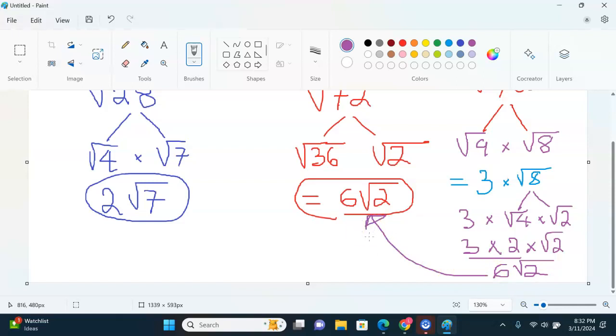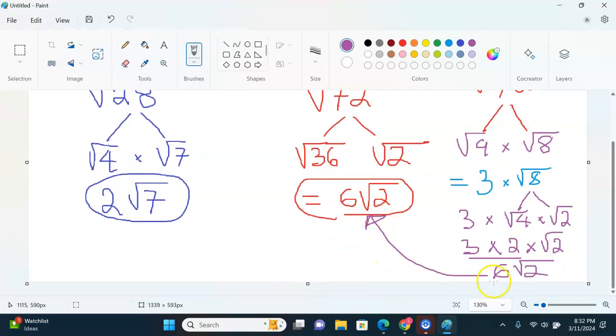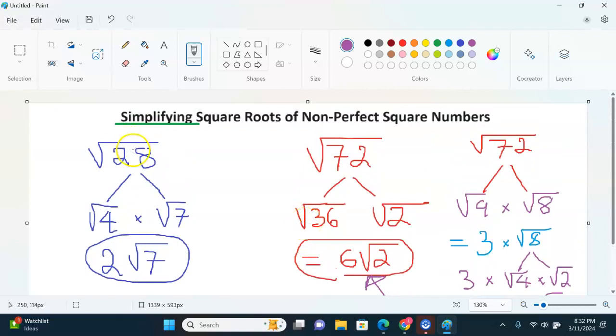So ladies and gentlemen, it doesn't really matter which two numbers you try, as long as you continue to factor and continue to simplify the square root, at the end you're going to end up with the same answer. So that is how we simplify the square root of a non-perfect square number.